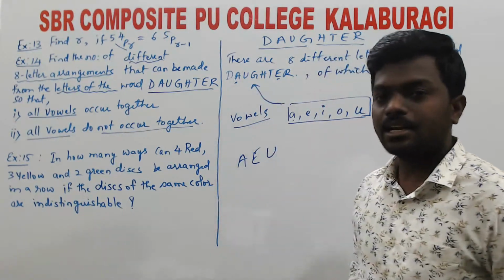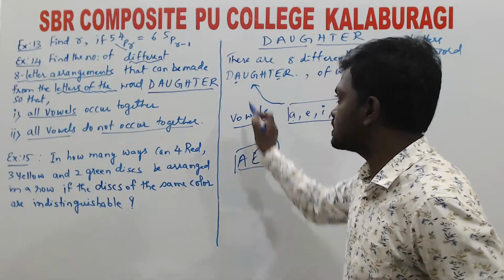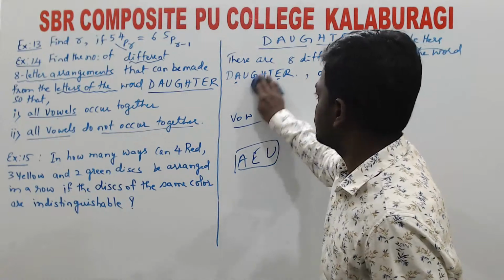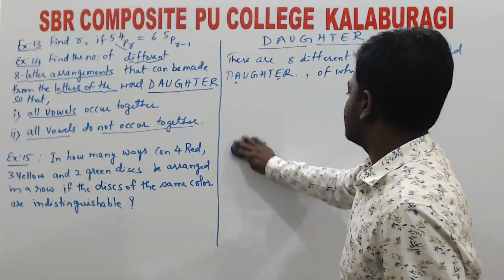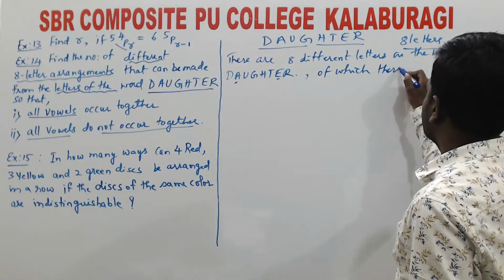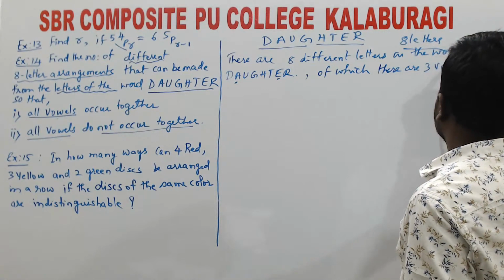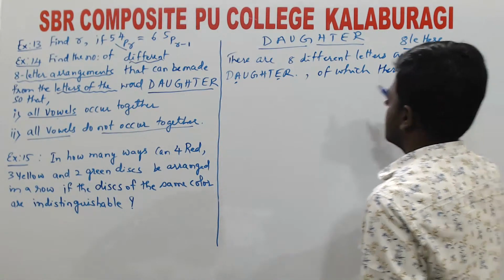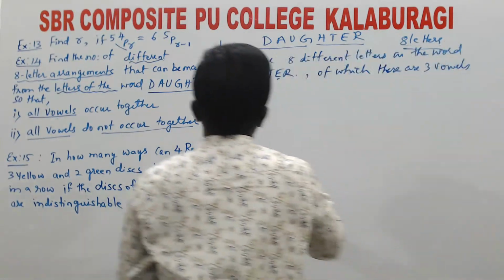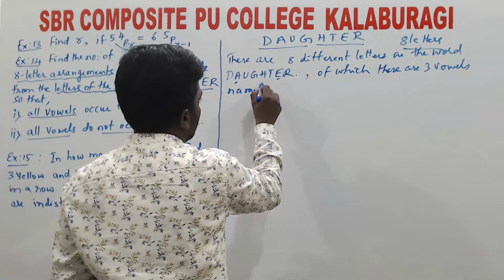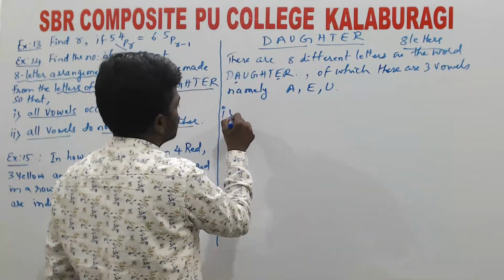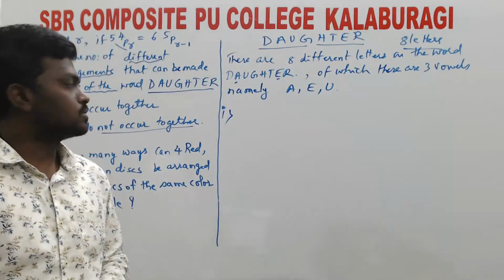So these are the 3 vowels present in the word daughter, namely A, E, U. So let's start solving the first one.